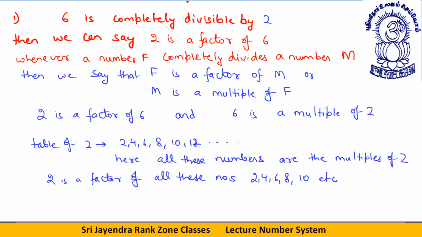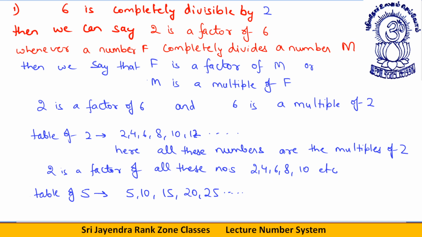Let's move ahead. So you have got the concept. What does the word multiple mean? A multiple means something which comes in a table of a number. Suppose I say table of 5. So the table of 5 is 5, 10, 15, 20, 25, and so on.